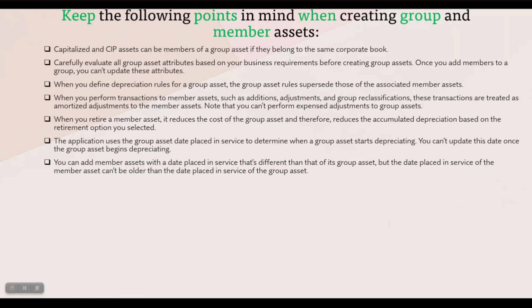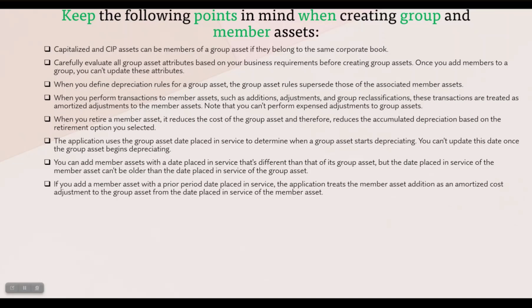In some cases you add an asset group and member assets, and you navigate to these member assets to add them to this group, but you cannot find this group. In this case, you have to check the date placed in service for the member asset and for the group of assets.